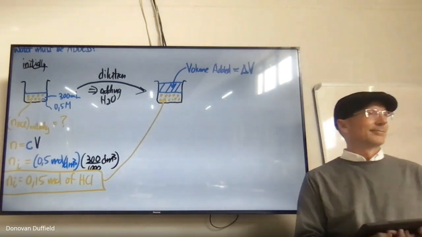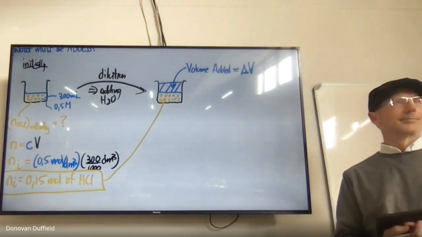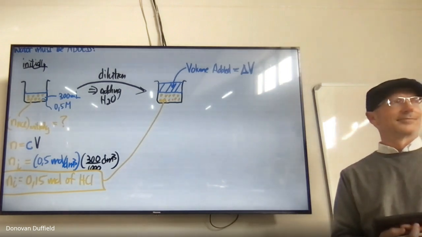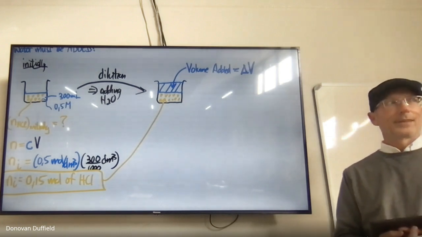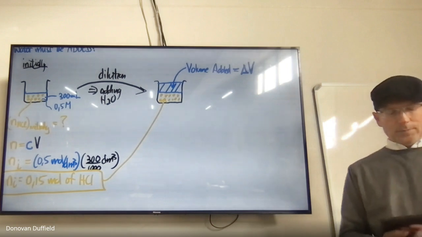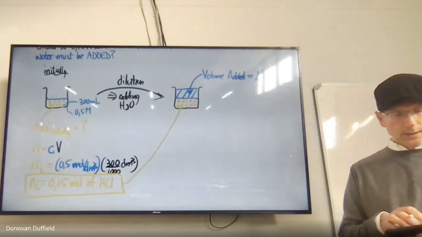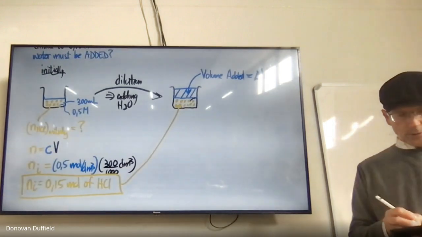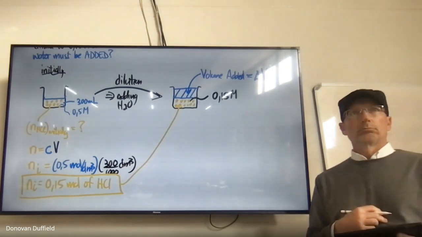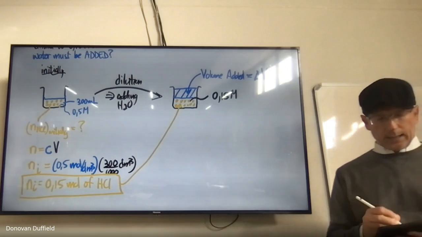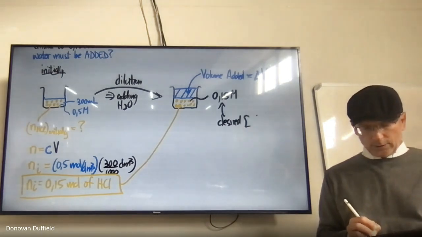Do you end up doing the same sort of equation, but you say that the volume is equal to V initial plus delta V? Yes, it is. So now here's the crux. We want this to have a concentration of 0.15 mole per cubic decimeter. That is the desired concentration.